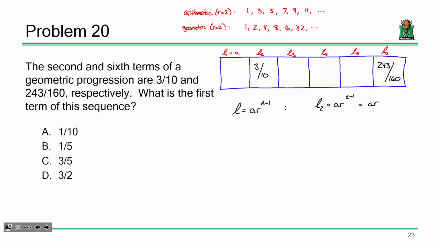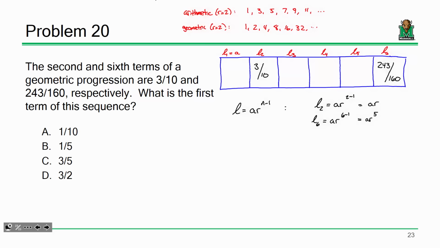Sound good? L6 would be AR to the 6 minus 1, which is AR to the 5th. Sound good? All right.